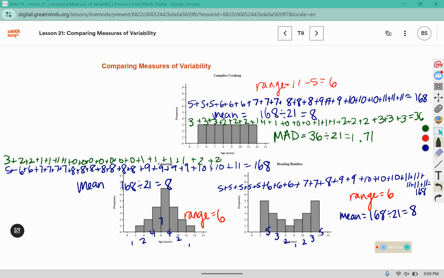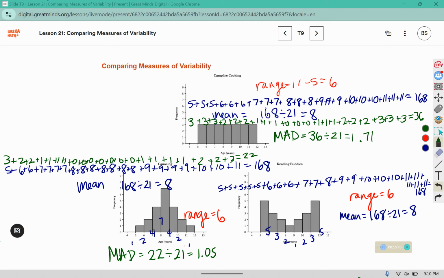And 11 and 8 are 3 apart. Add all of those, then divide by 21. That has a sum of 22. So for the mean absolute deviation of this one, 22 divided by the 21 values is approximately 1.05.